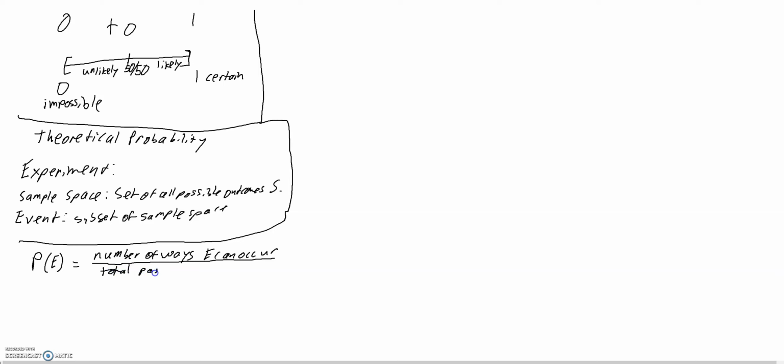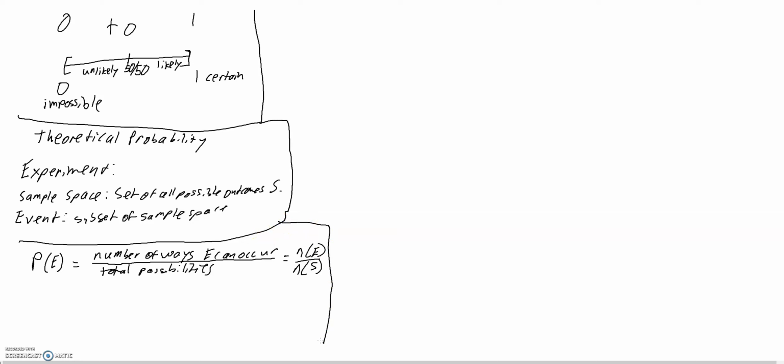We can actually represent that symbolically by making use of cardinality. It's the cardinality of E, so the number of ways that E occurs, over the cardinality of my sample space. So it's just how many ways can it occur over how many total possibilities there are.